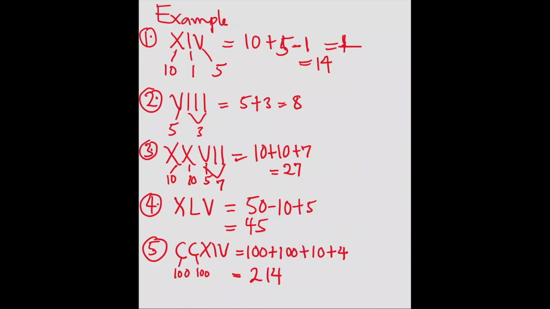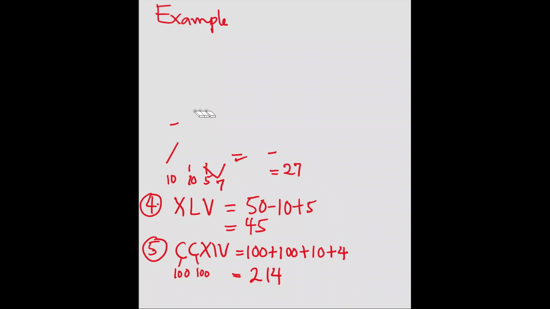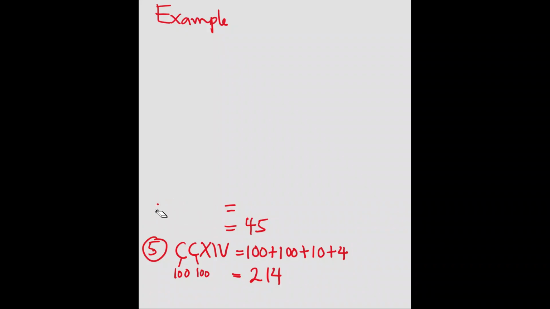So now I want to do more bigger numbers. We're gonna do more bigger numbers now. So the next example we are going to be doing is going to be CM.